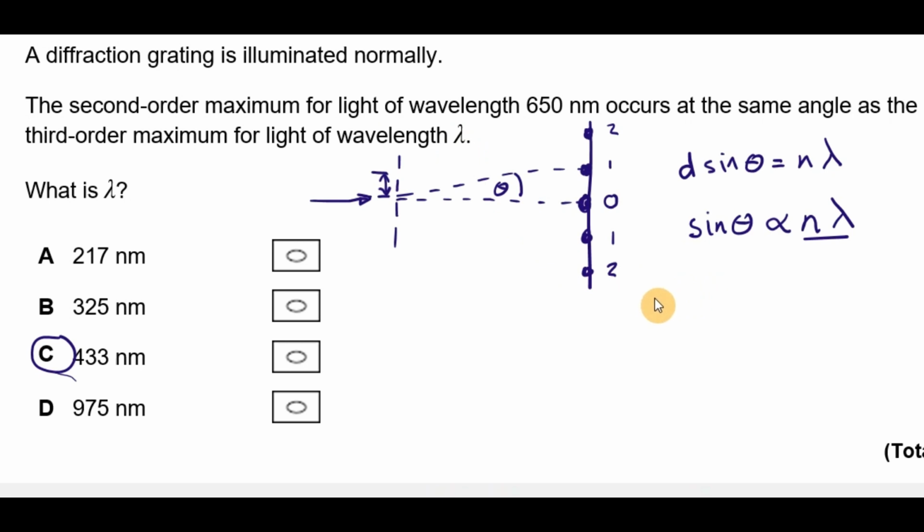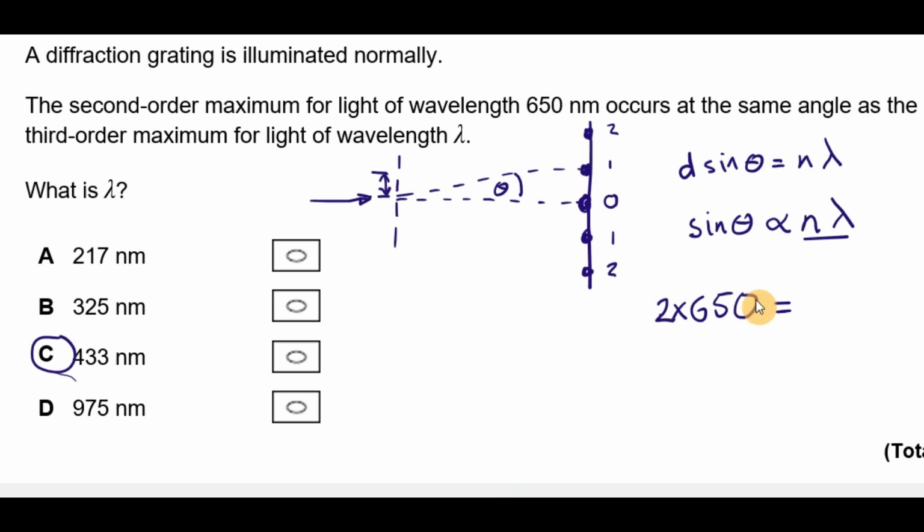So in the first case, it's a second order maximum, so I can say n is 2, and that's multiplied by a wavelength of 650 nanometers.